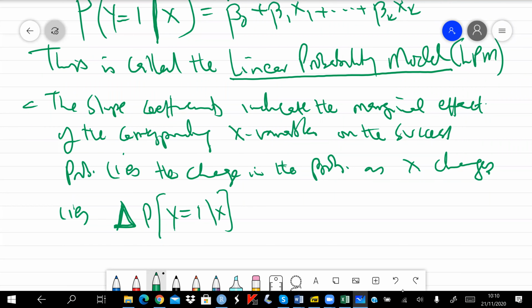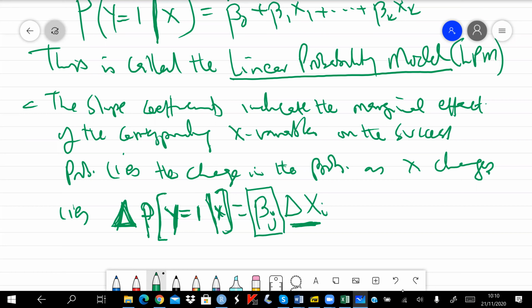This is delta, which means the change in the probability of y is equal to 1, the same as probability of success given the data, given by beta j times the change in xj. So as you change the x's, this coefficient tells you how much the probability changes. Just like we interpret the usual OLS model, the same way.